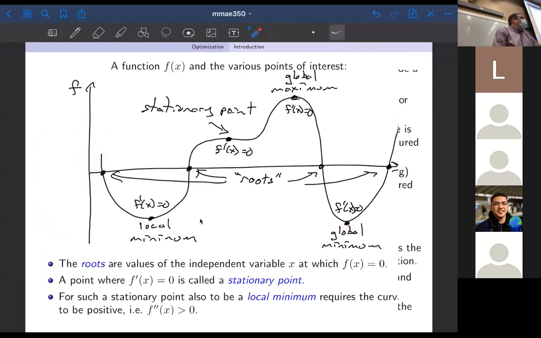So mathematically, all we can say is where the minimums and maximums are, as well as the stationary points, which we don't care about. In terms of local versus global, I need a global method. I need to be able to plot the function or something like that to determine that. So typically, we won't be able to formally determine whether it's a local minimum or not, or global minimum.